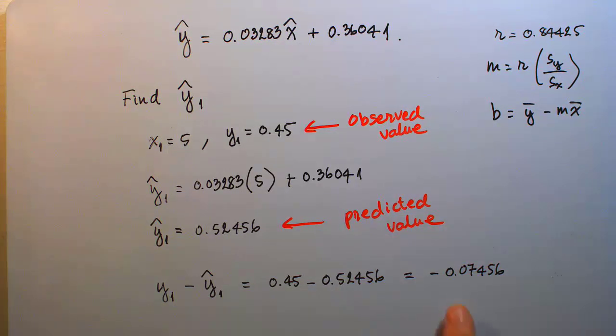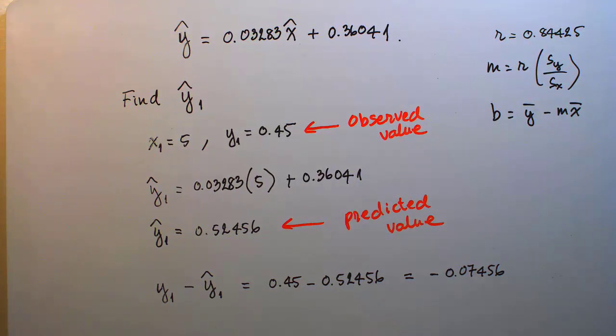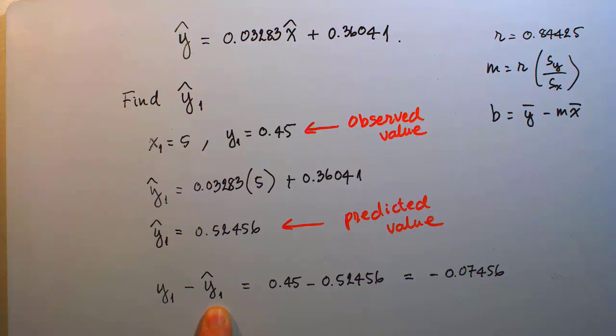And usually I use 5 decimals for good precision. So what is this? This number came out as the difference between the observed value and the predicted value. The predicted value is the value right on the line. It stays right on the line, and the observed value could be up, could be down. Here we show a negative difference.